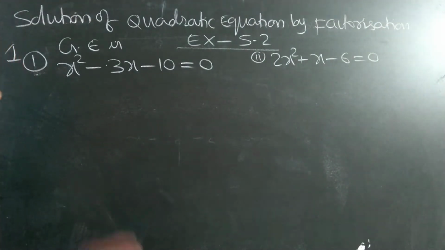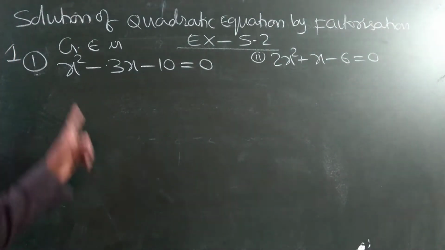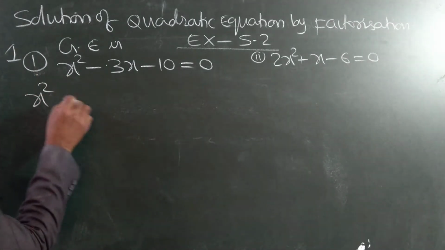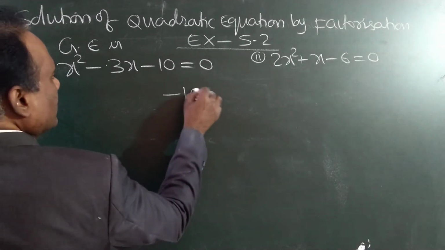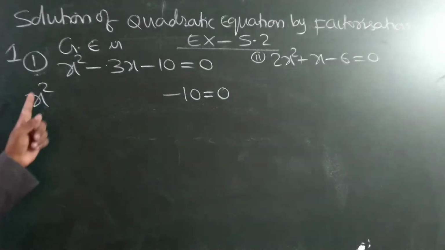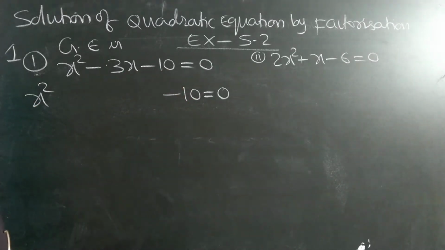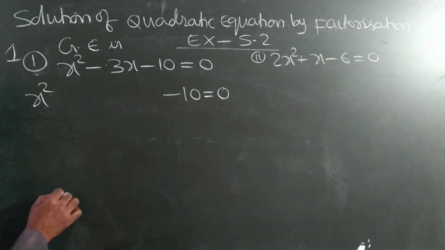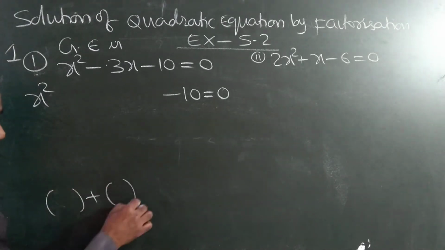Keep the factorizing method. First term same, last term same, equal to 0 also same. Minus 3, you write it as a sum of two terms.